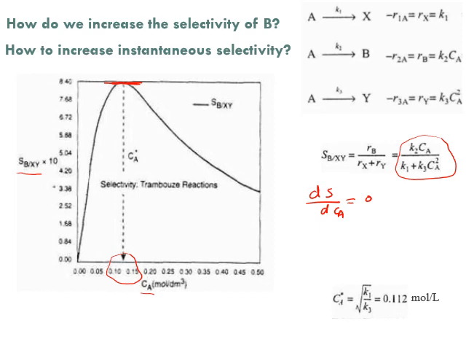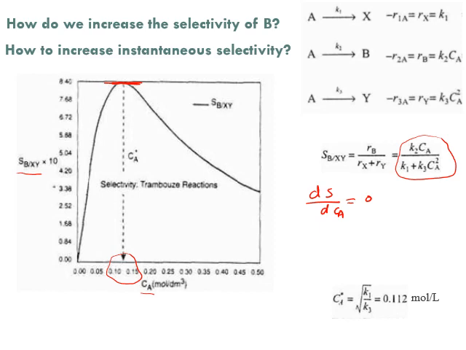You have, of course, the values of these K's given already, so you can find the concentration that will give you the maximum selectivity in this situation. So there we go, we know at what concentration to operate.